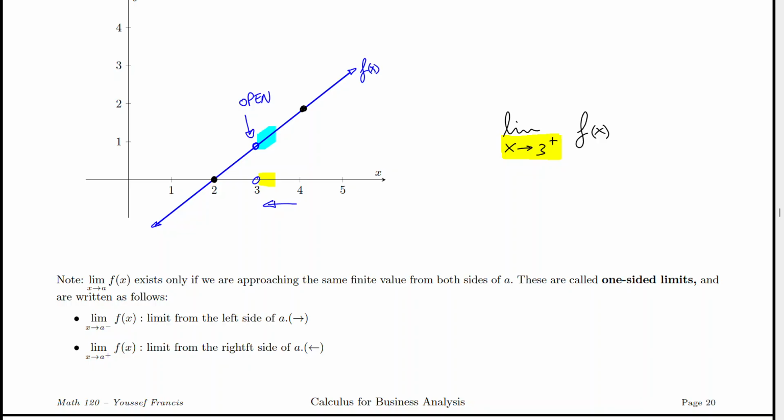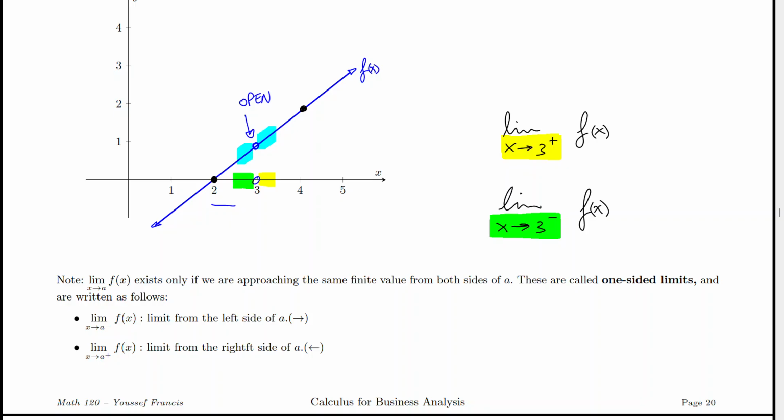And similarly, if I were to write something like the limit as x approaches 3 minus, so now it's like a power, but it's just a minus sign, of f of x. What do I mean by that? It means I want you to come towards 3, but select numbers slightly smaller than 3. So pick these guys over here. This is again called a one-sided limit, and this time you're walking from left to right. So pick those numbers only specifically and tell me the y-coordinates of those guys.